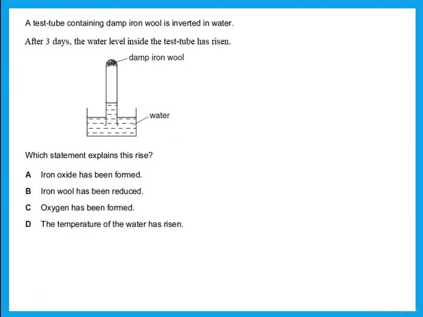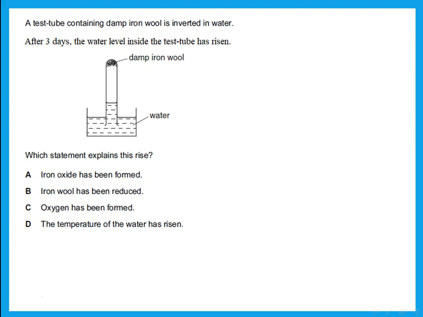Okay. A test tube containing damp iron wool is inverted in water. After 3 days, the water level inside the test tube has risen. Which statement explains this rise? Now, when I have damp iron wool, that means I have pieces of iron with water in it, and it is in this inverted test tube, so it has around it air that contains oxygen. So that iron wool is subjected to both water and oxygen, so it will rust.